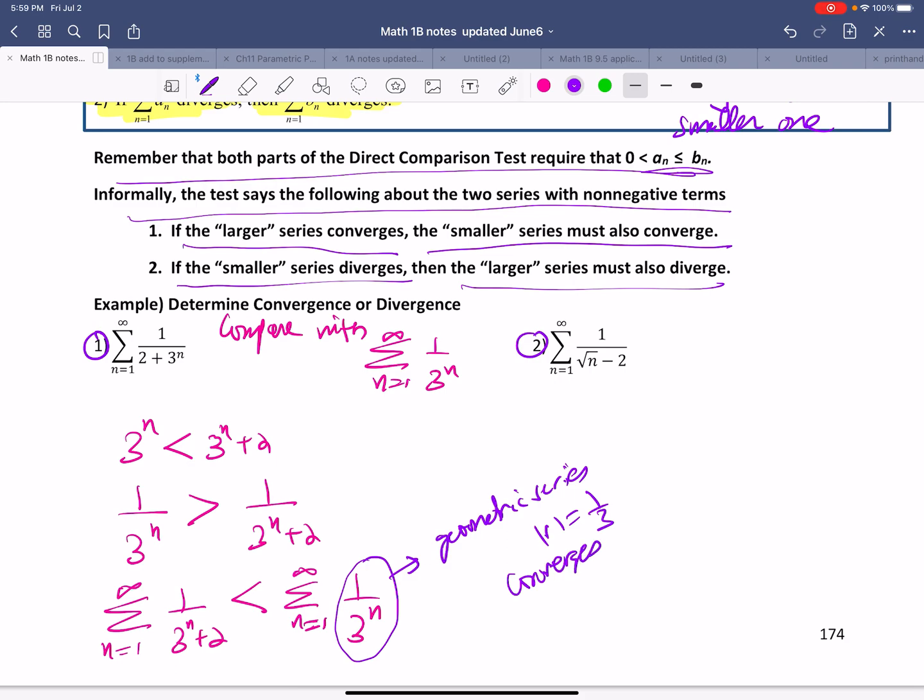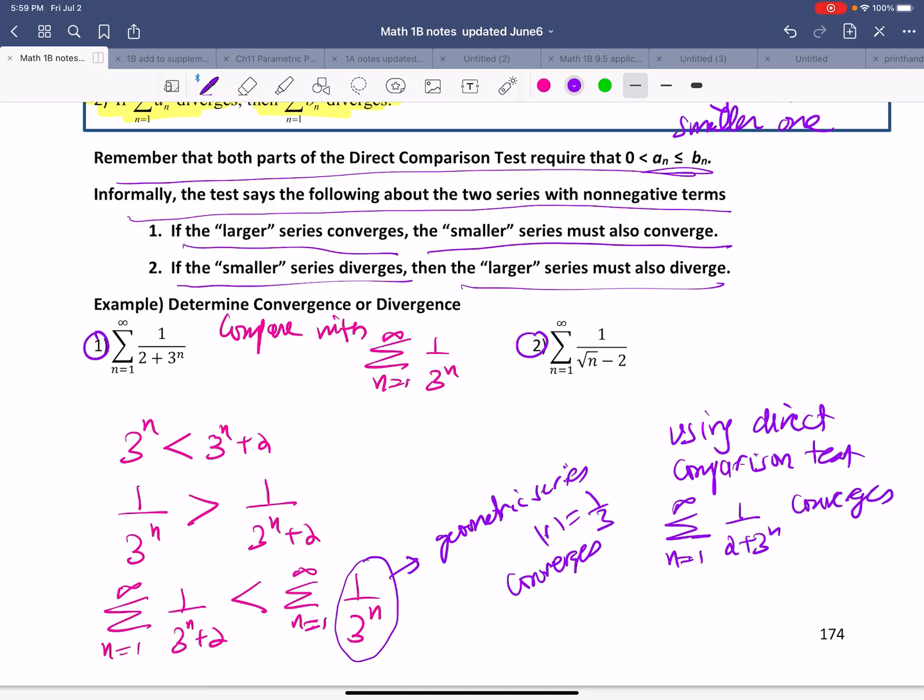Using the direct comparison test, we can say the series in question, the sum from n equals 1 to infinity of 1 over 2 plus 3 to the power n, converges. Again, we're not looking for what it converges to. We're only trying to decide if it converges or diverges. In some cases, it's not even possible to find what the series converges to. So this series does converge by the direct comparison test.